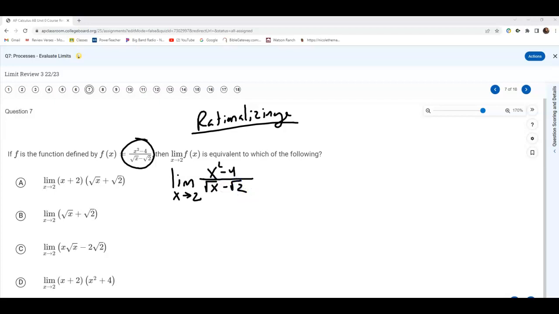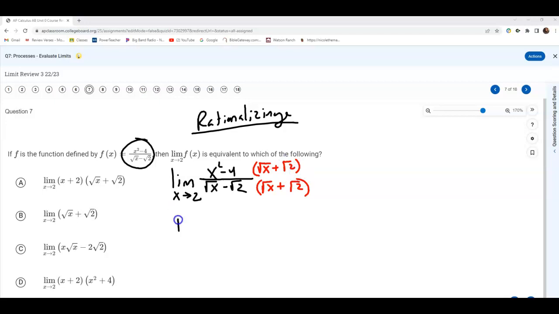Well, the process of rationalizing goes like this. You're going to multiply the part that has the square roots by itself, but with one little difference. It's going to be opposite sign. So since it was originally negative, I'm going to put a plus there. And whatever you do to the bottom, you're also going to do to the top. Okay?